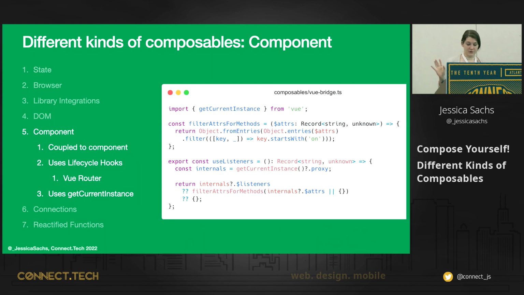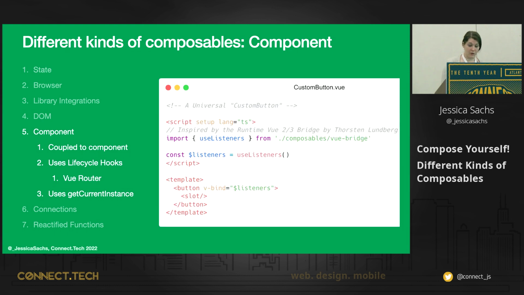And you're going to filter the attributes for the methods and otherwise return an empty object. So that was an interesting component-style composable. And now my button works in Vue 2 or Vue 3, and I'm using this in production. So I actually recommend this if you're trying to write universal code. This is a decent, hacky, but reasonable way to make your native pass-through components work. So it's a one-liner.